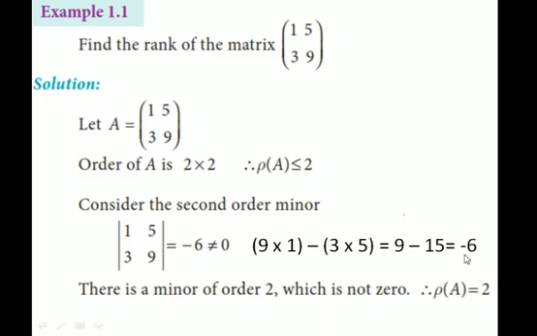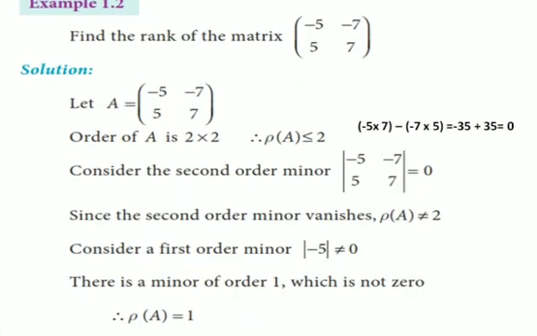There is a minor of order 2 which is not 0, since minus 6 is not equal to 0. Therefore, the rank of A equals 2.